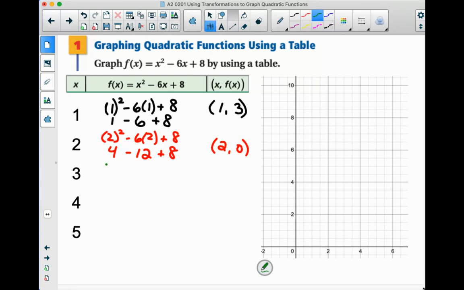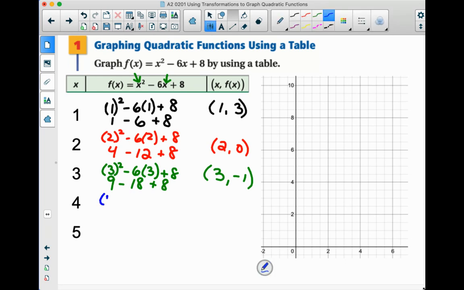For 3, 3 squared, 6 times 3 plus 8. Again, all we're doing is replacing the x's in the original equation with these numbers. So 3 squared is 9, 6 times 3 is 18, plus 8. 9 minus 18 is negative 9, plus 8 is negative 1. So 3, negative 1.